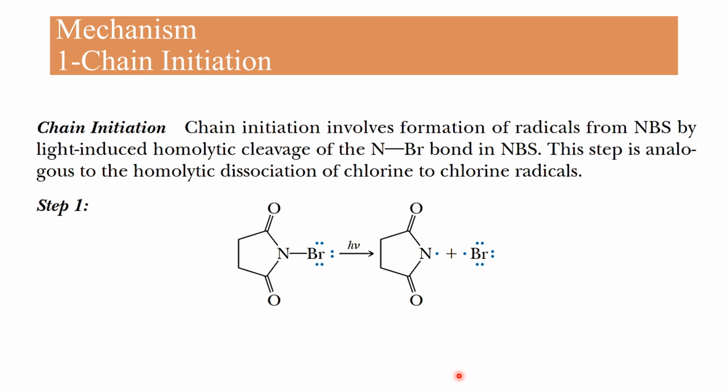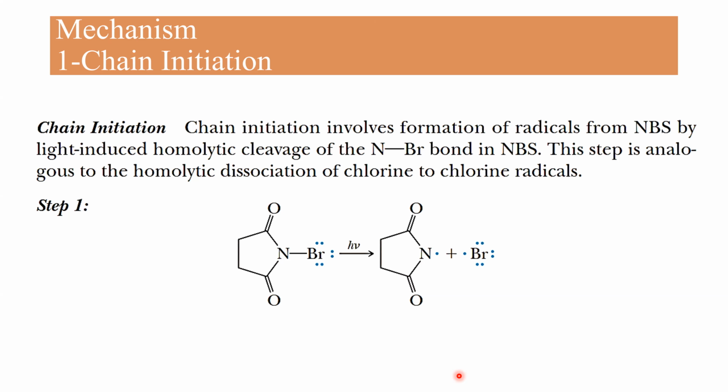First was the chain initiation, second was chain propagation, and third was chain termination. So similar steps are happening there, but the only thing different is that we are not using Br2 or Cl2 or HCl or HBr as the source of the halogen, while we are using NBS.